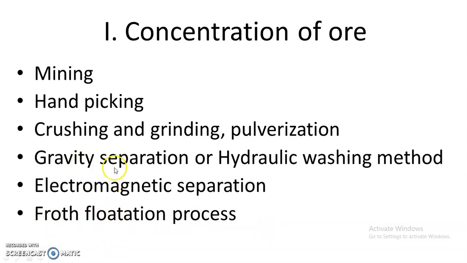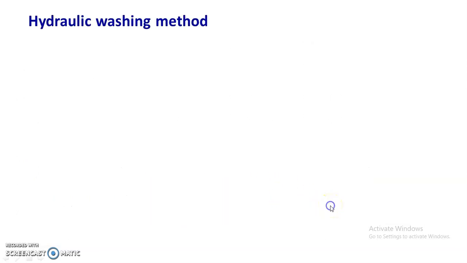The selection of the method depends upon the nature of ore, and first of all, we are going to discuss the gravity separation or hydraulic washing method. In this method of concentration of ore, it is based on the difference in specific gravities or densities of metallic ore and gangue particles.